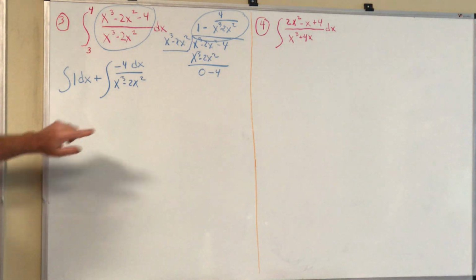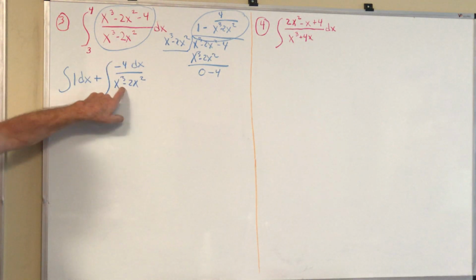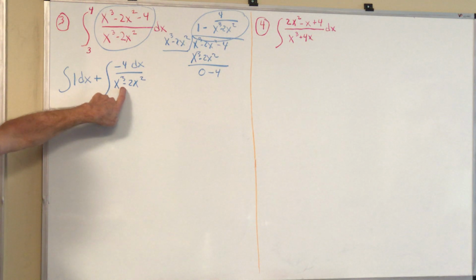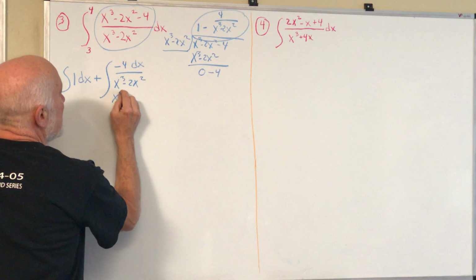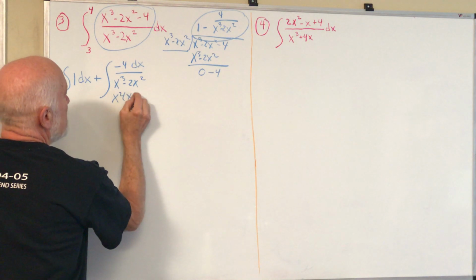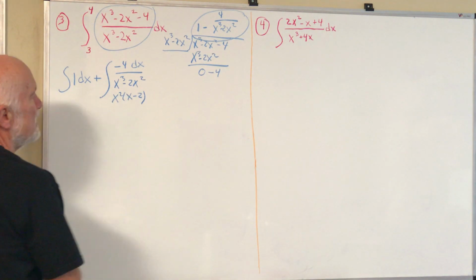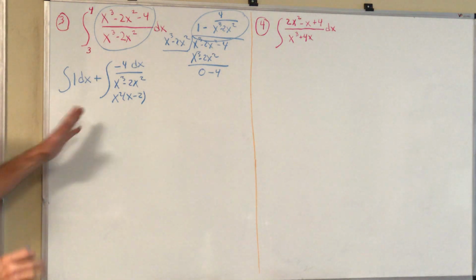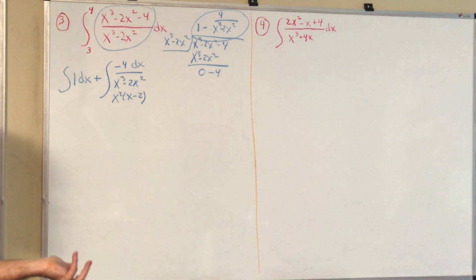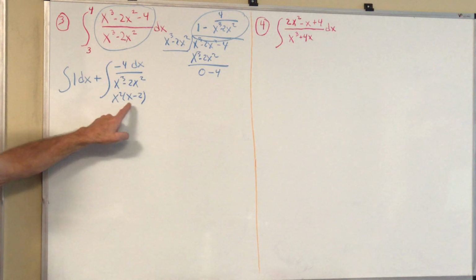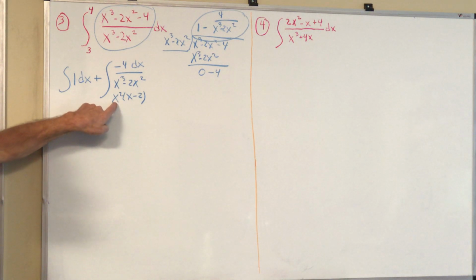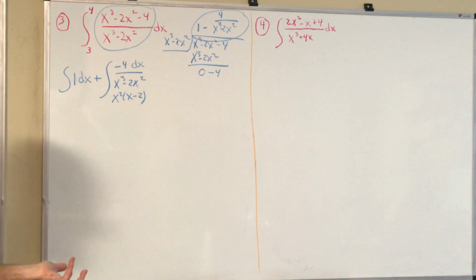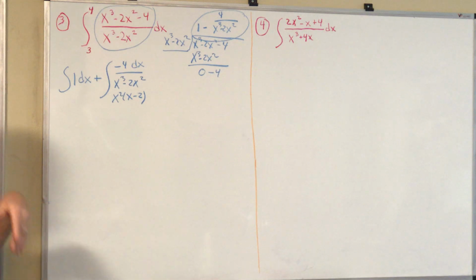And this only works, we have a proper fraction, but it only works if the denominator factors. And it does. I can factor out an x squared times an x minus 2. Now you could say that that has 2 factors, or you could say it has 3 factors. What it has is 2 factors, but one of them is a repeated factor, x squared. So it's x times x times x minus 2.